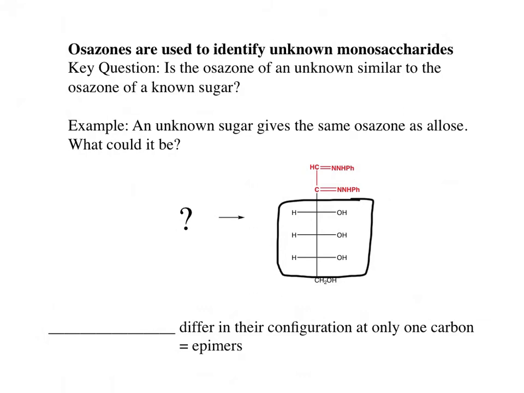So my sugar could be allose. Allose would give the same osazone as allose, so it could be that. Look at your list. What else has the bottom 3 OHs all to the right? You're quicker than me. Bottom 3 OHs. I can't even find my list. Be faster than me. My list, there it is.